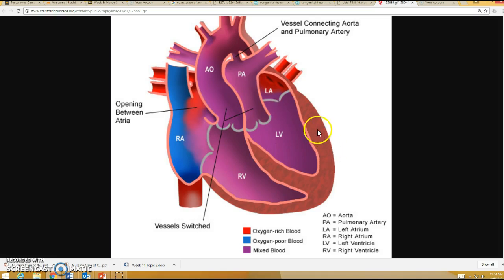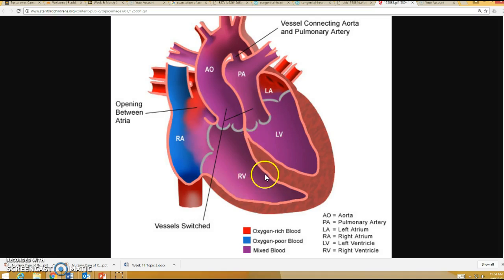And commonly, you'll see they have a hypoplastic left heart, which you can kind of see looking at the picture. The ventricle is not quite as large as it should be, which decreases that left to right pressure, and so it allows for the mixing of oxygenated and unoxygenated blood.